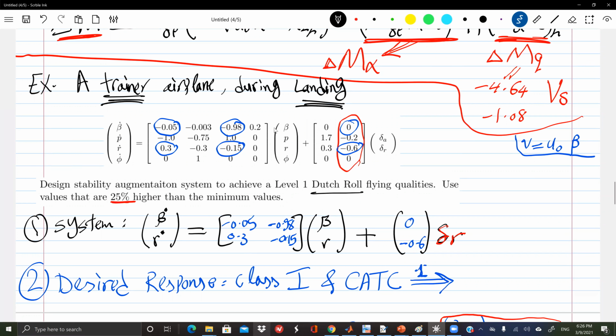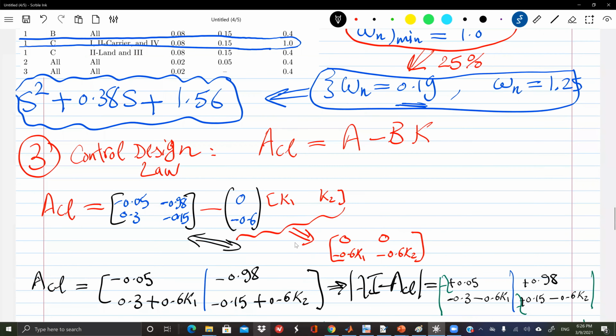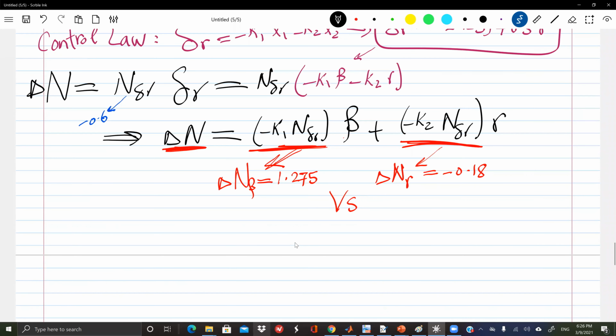Simply, the first equation is for the y equation, the side force. The second is for the roll, everything on the right hand side is L something. The third is for yaw, N something. So this is N beta, this is N_P, this is N_R. Or from here, this is N beta and this is N_R. So N beta is 0.3, N_R is negative 0.15.